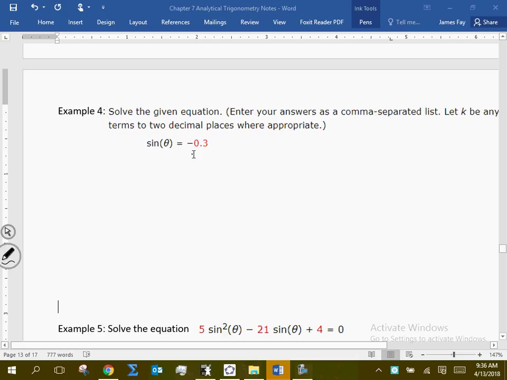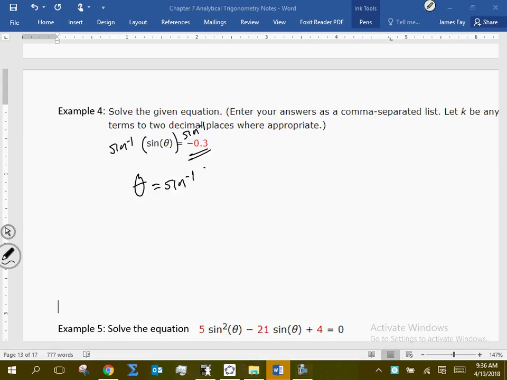So if this number is not known from the unit circle, you need to take your calculator to find theta. Remember, we've done this before. We take the sine inverse of this side, and isn't that going to give me theta on the left? And then I have to take the sine inverse of this side. So it's going to look like this. And that should produce theta for me.